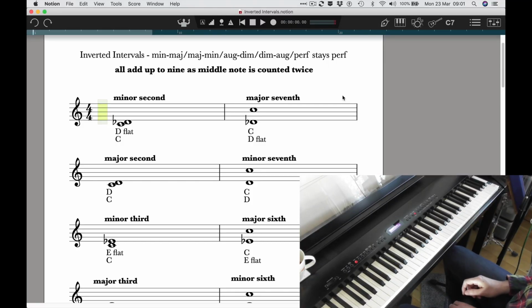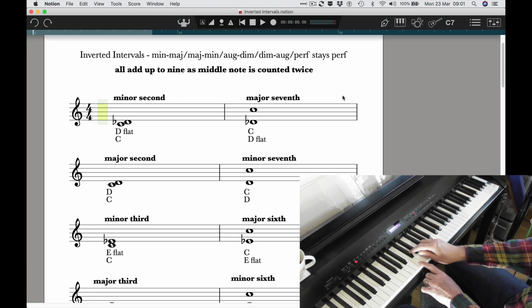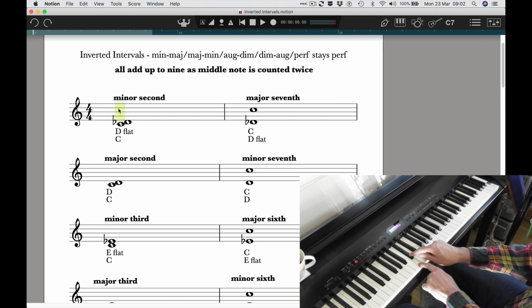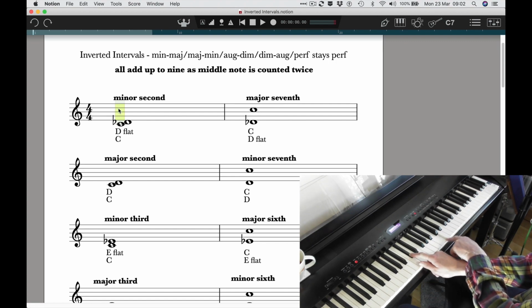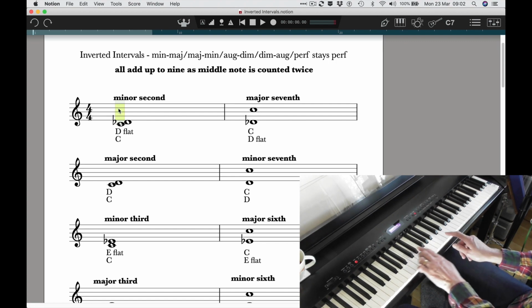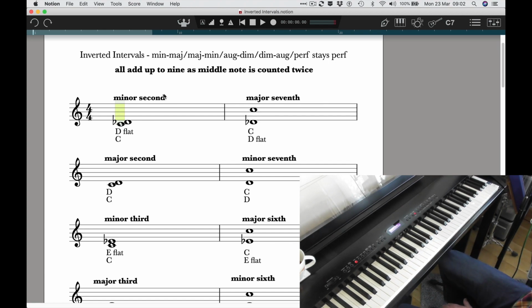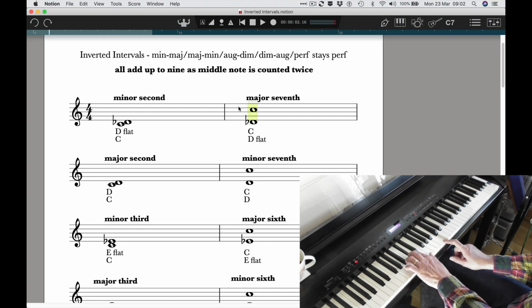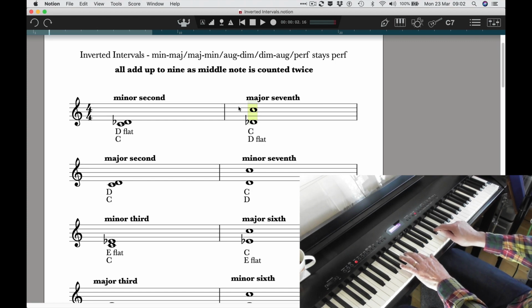Let's take the first interval I showed you in that previous video, which is this strange sounding minor second. This one here, C to D flat. Now if I invert that, so if I bring the C from here up to here, I've inverted that interval, and you can see obviously the two notes are miles apart now, and what we actually have is a major seventh interval from this D flat to this C. If I was in the key of D flat major, the C would be the major seventh note, a semitone down from this D flat.